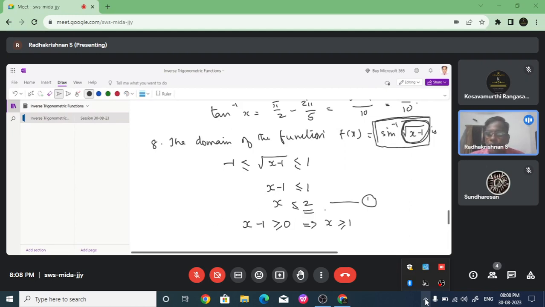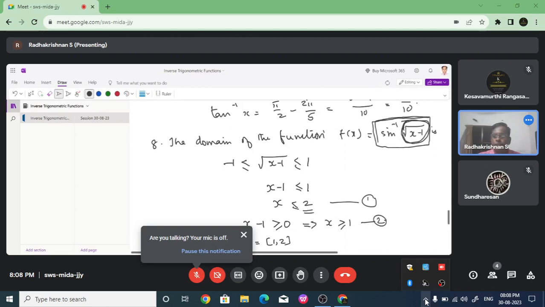So you get one condition, x is less than or equal to 2, another condition x is greater than or equal to 1. So combining the two, you get x should be in the range 1 to 2, both inclusive. Okay, so that is that option given, right? 1 to 2. Yes, sir.